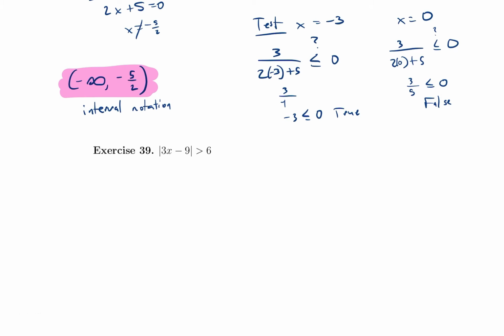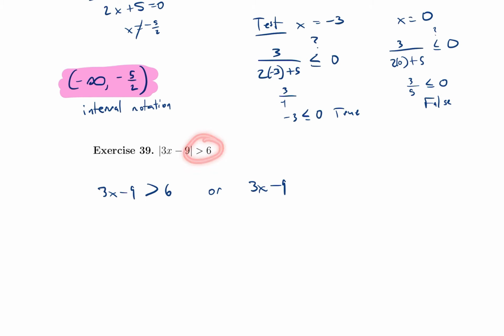Okay, so now we have an absolute value inequality. In this situation, whenever you have a greater than symbol, that means you want to break this up into two separate inequalities. The first one's going to be 3x minus 9 greater than 6. The second one would be 3x minus 9 less than negative 6.